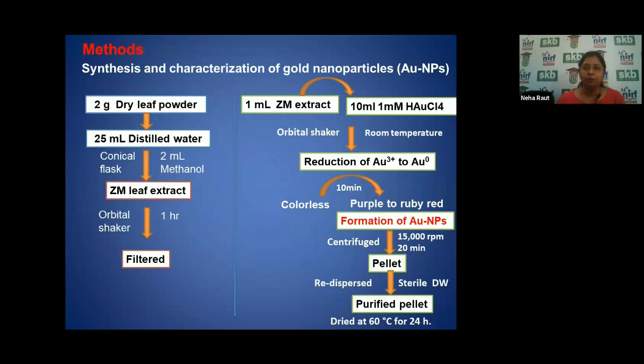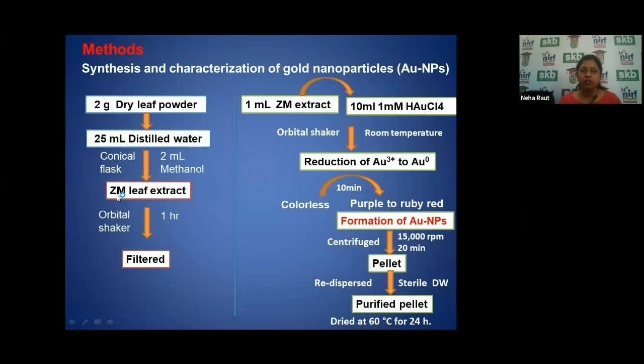Now, what is the method for synthesis and characterization of gold nanoparticles? In this process, first we have to take the extract of Ziziphus mauritiana. Initially, 2 grams of dry leaf powder is taken into 25 ml of distilled water in a conical flask, and in this solution 2 ml of methanol is added.